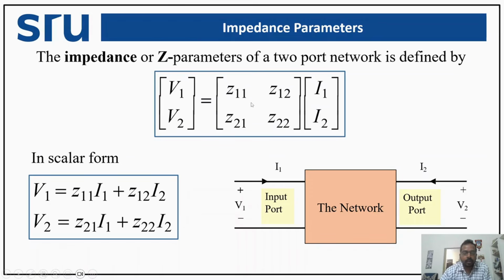Another important point to understand is that these parameters depend only on the internal structure of the network. When we divide a complex network into subnetworks, this particular matrix represents the internal structure of that subnetwork. So they do not depend on how the network is connected externally, whether in series, parallel, cascaded, or any other way.